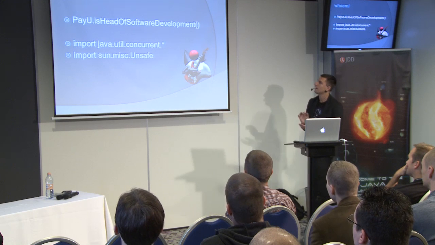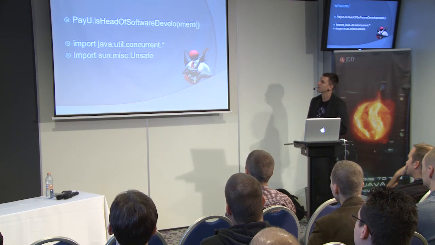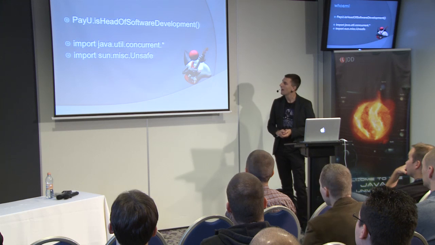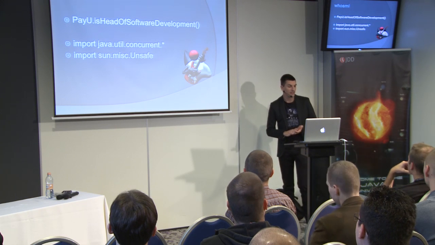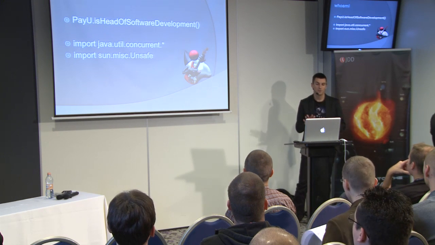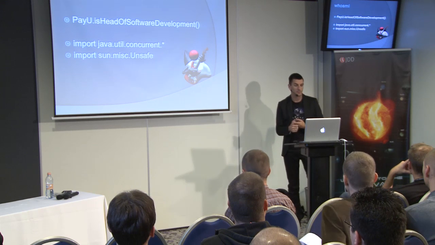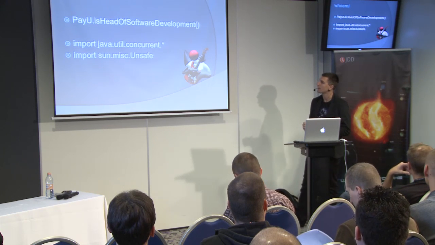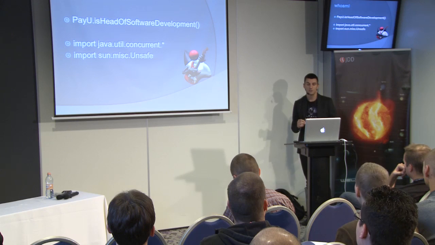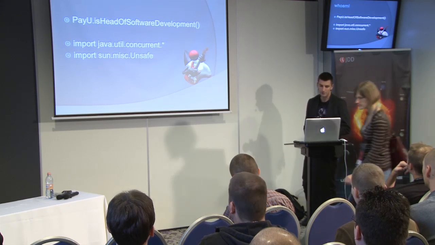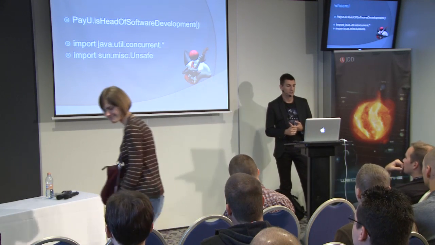And privately, I'm a huge fan of the Java util concurrent package and the Unsafe class. Unsafe is a class that provides almost unlimited capabilities of exploring and modifying the virtual machine's runtime data structures.